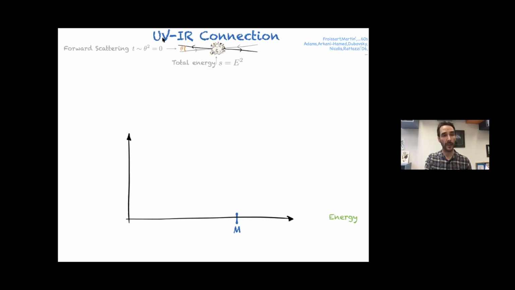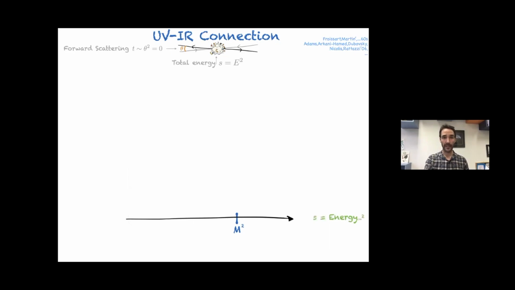To begin with, I will just consider the forward scattering, so at zero impact parameter, where the two particles just go on in the same direction. In this sense, the amplitude is just a power of the energy. These are things which are more or less well known from the 60s and the seminal work from 2006 by Adams et al.